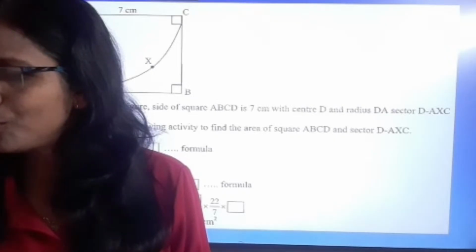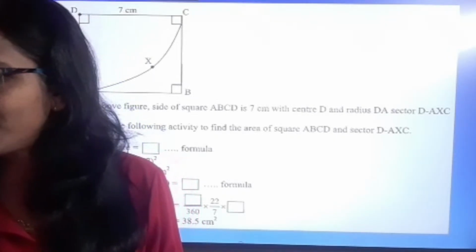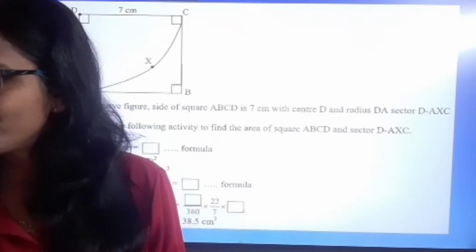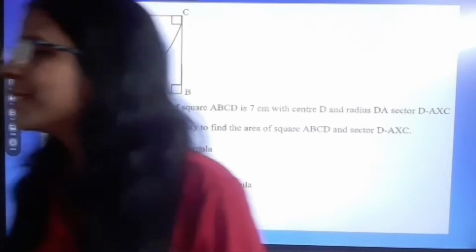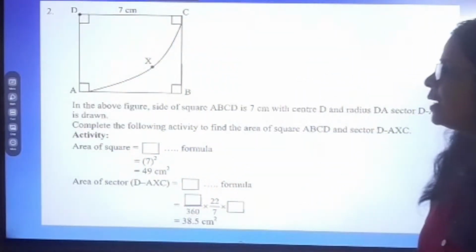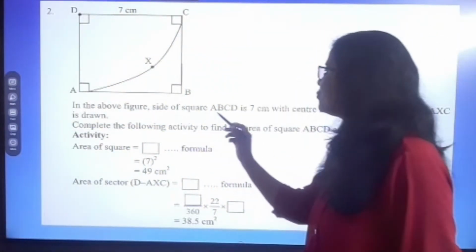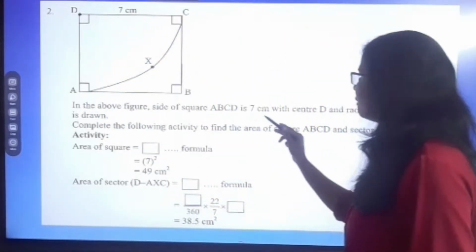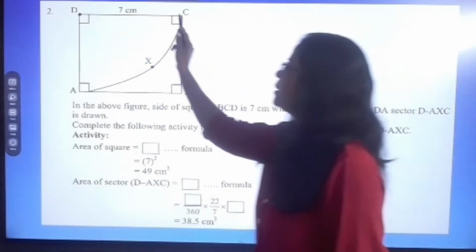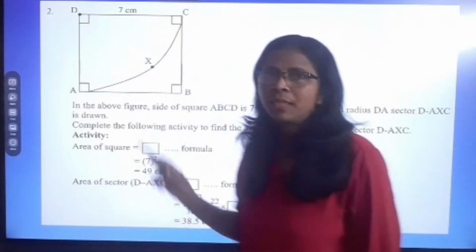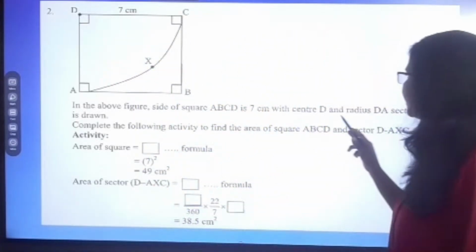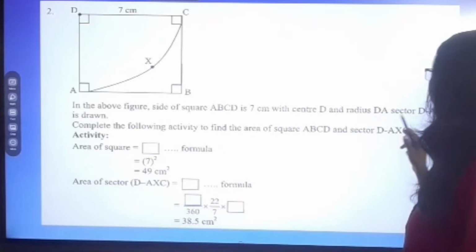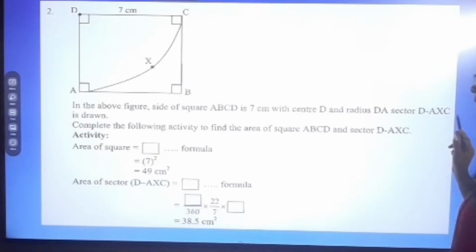So now, students, see the next example. In the above figure, the side of square ABCD is 7 centimeter. Yes, see, the side is 7 centimeter. With center D and radius DA, sector DAXC is drawn.